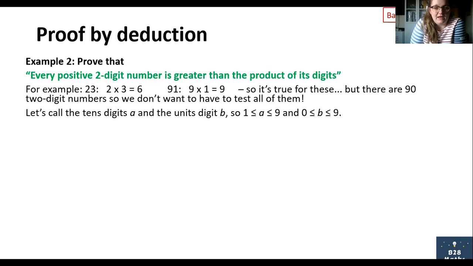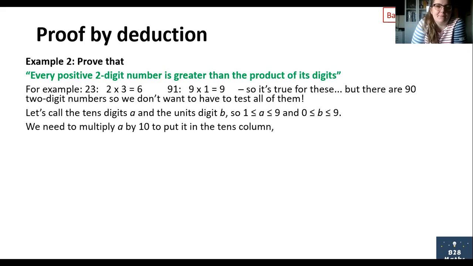Basically we're saying A is a number between 1 and 9, and B is a number between 0 and 9, so 0 is less than or equal to B, and B is less than or equal to 9. We need to multiply A by 10 to put it into our tens column. So our 2-digit number will be 10A plus B.